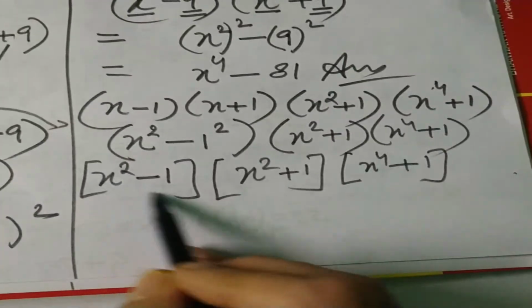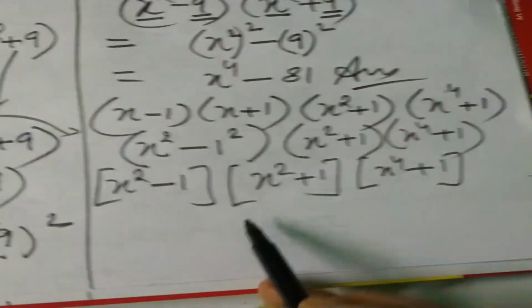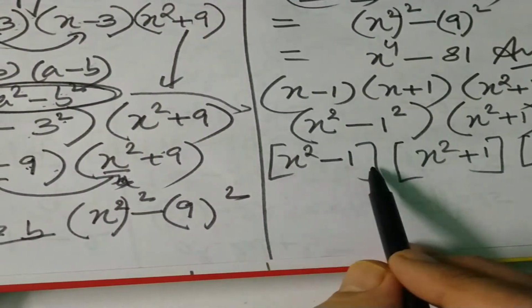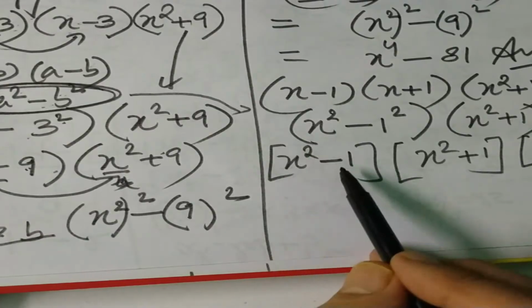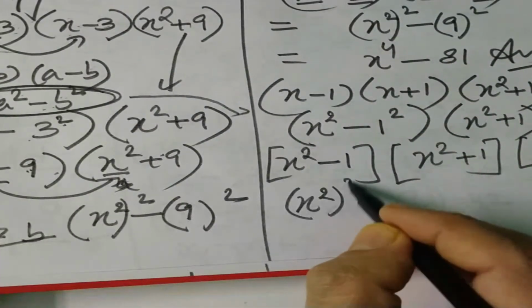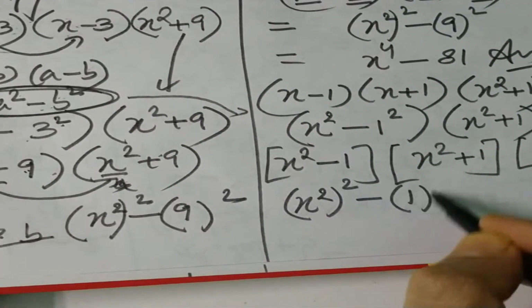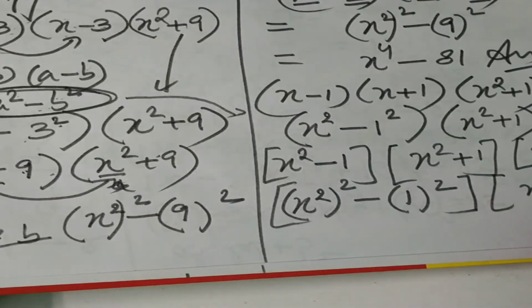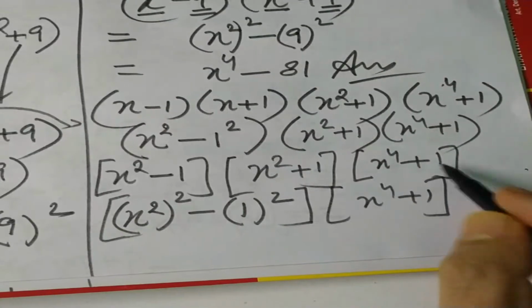Now again you will multiply these two by using the same formula, a plus b, a minus b. So now the value of a is x square, b is 1. So a square minus b square, and x4 plus 1 is the next part.